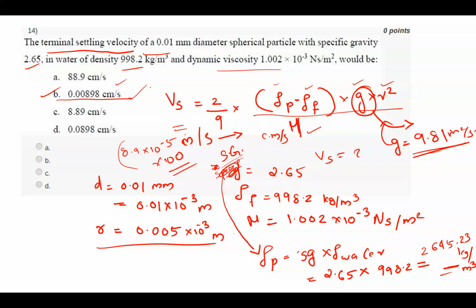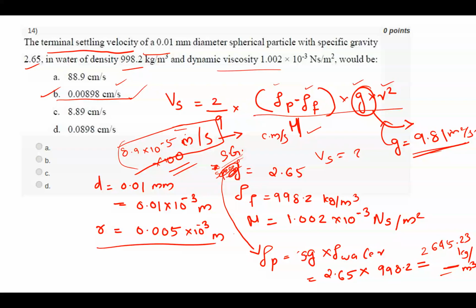No. This is the one you are getting when you do this calculation: 8.9 into 10 to the power minus 5. You get it in meter per second, then you convert into centimeter, so you multiply with 100.